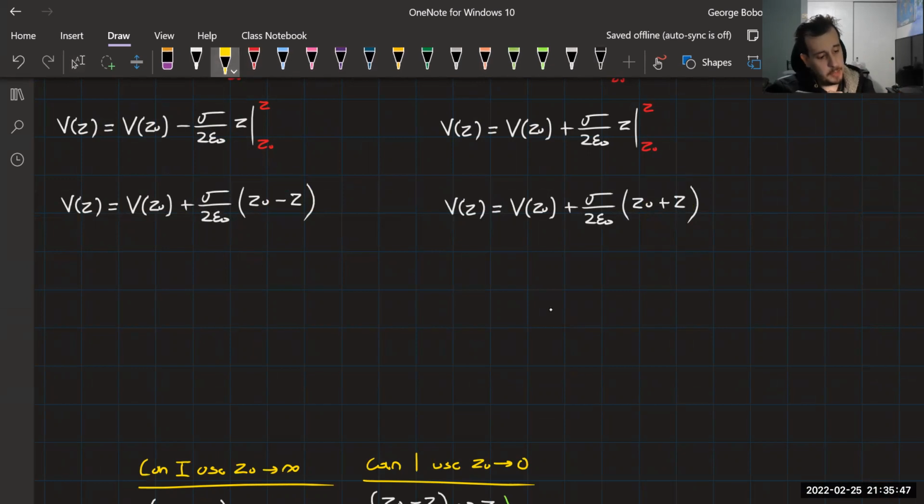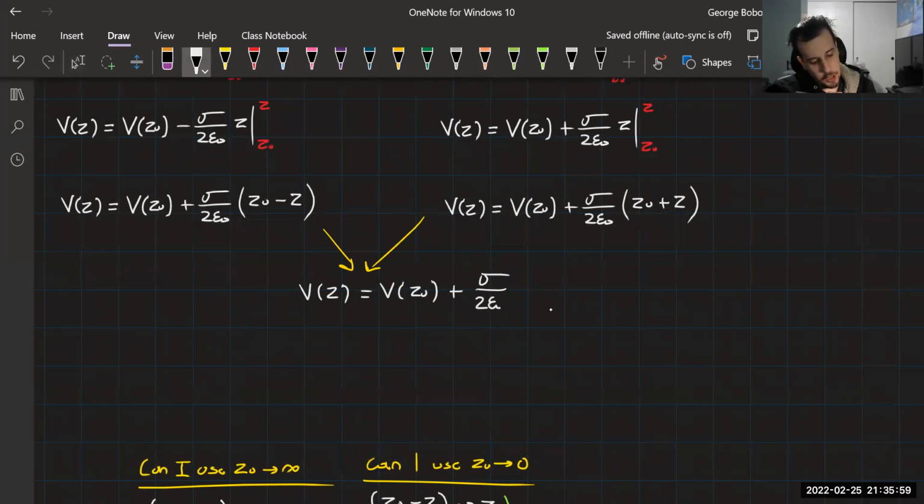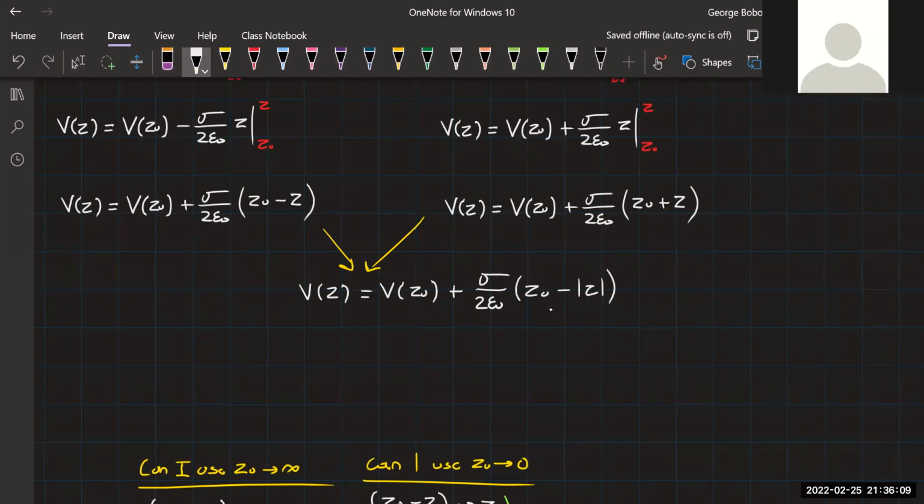What if I just combine the results for both cases and said my potential in z is this reference potential plus sigma over 2 epsilon naught, but then I just subtracted the absolute value of z? That could also work.